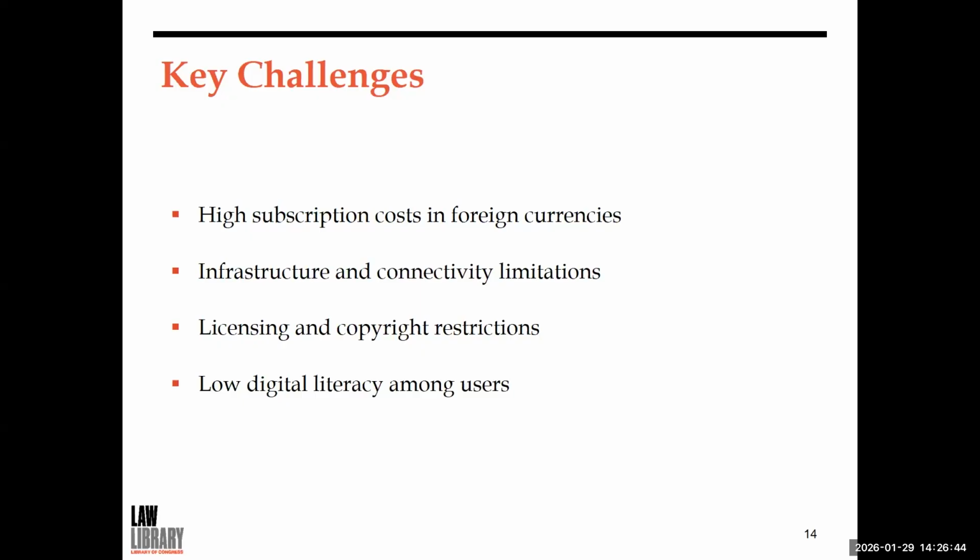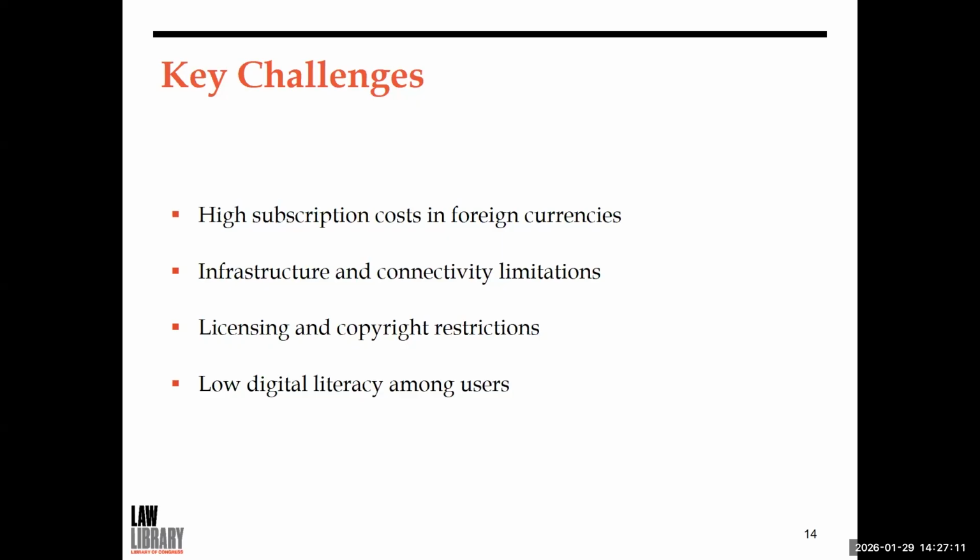This exposes institutions to foreign exchange fluctuations, making budgeting at times unpredictable, and we have to plan our budget way ahead of time. So you'll find that often we struggle to sustain subscriptions due to limited funding.